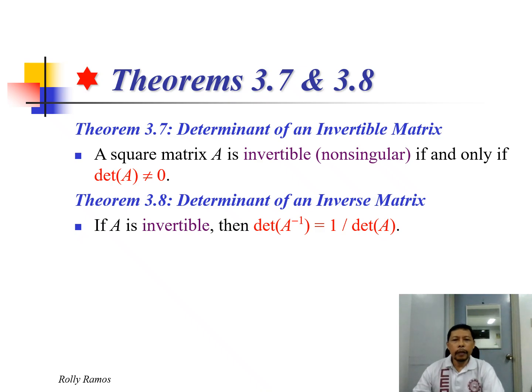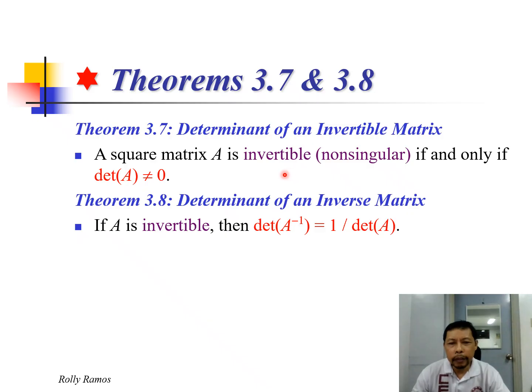Okay. Another theorem regarding properties of determinants. A square matrix A is invertible or non-singular if and only if the determinant of A is not equal to 0. So this is a very important theorem that you have to remember. A matrix is non-singular if its determinant is not equal to 0. Or, in other words, a matrix is singular if its determinant is equal to 0. So, non-singular or invertible.